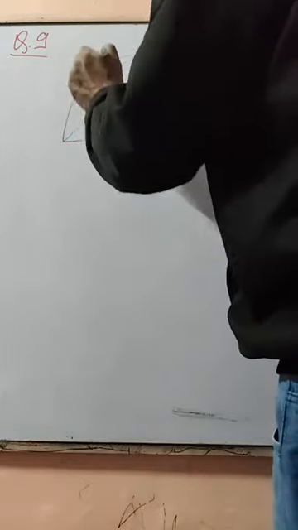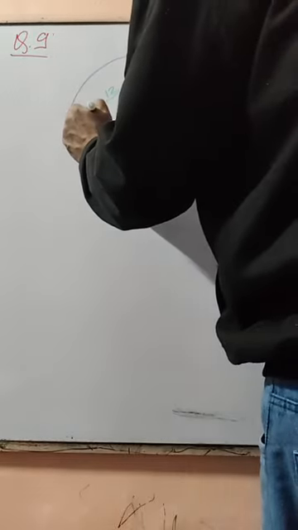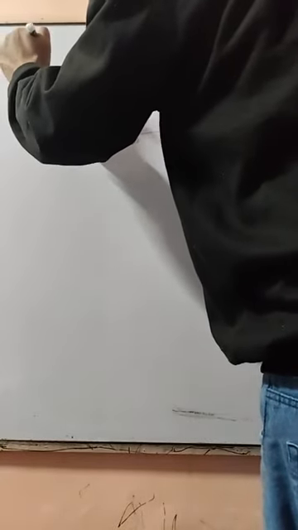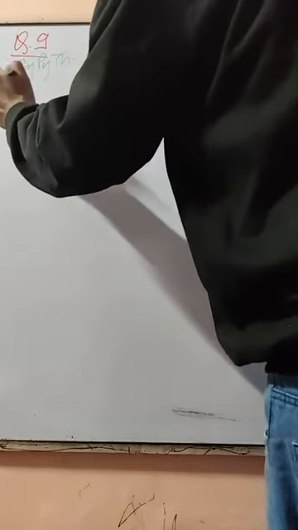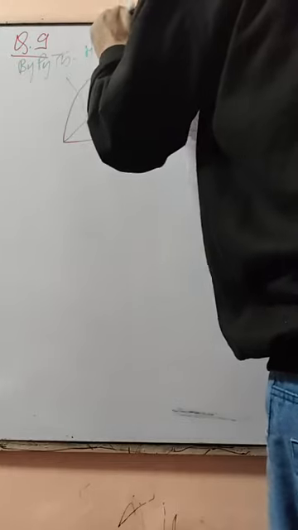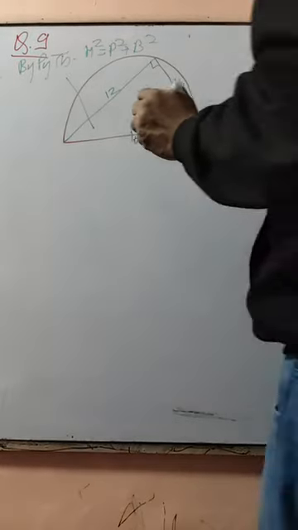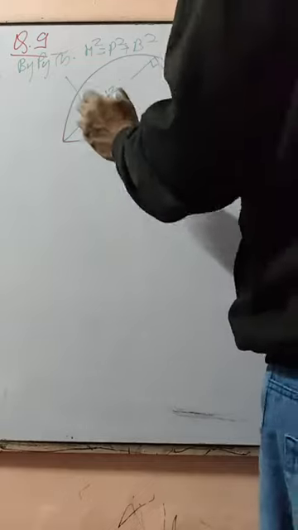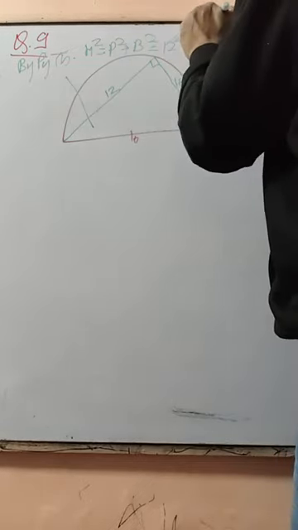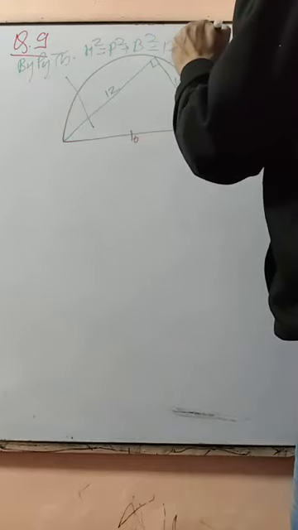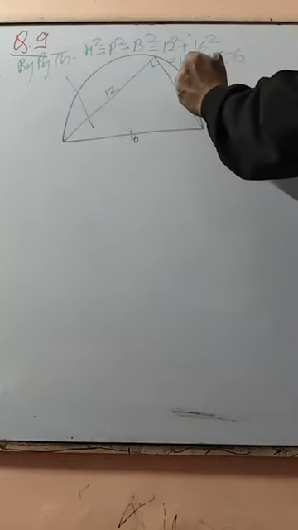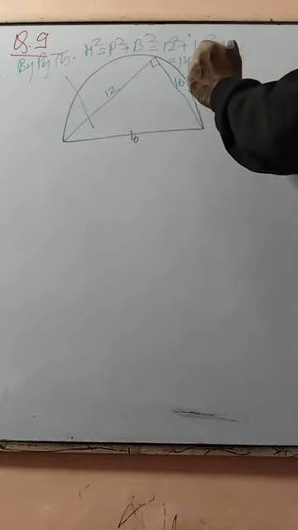Right? So by Pythagoras theorem, hypotenuse square is equal to perpendicular square plus base square. So it is 12 square plus 16 square. 144 plus 256. It becomes 400.